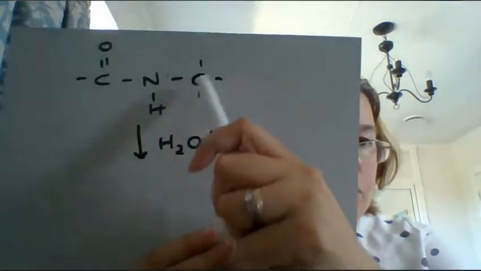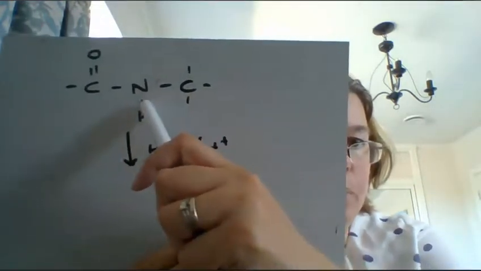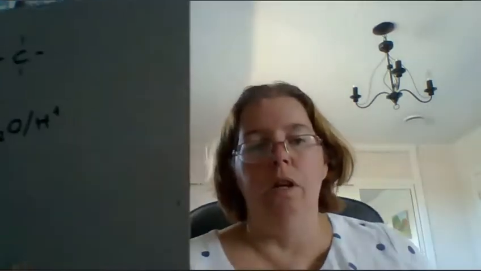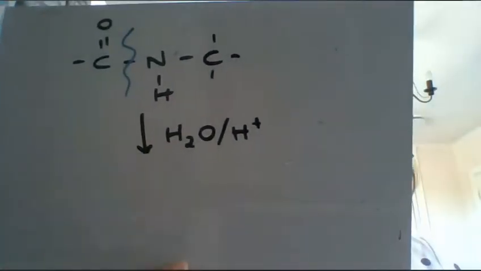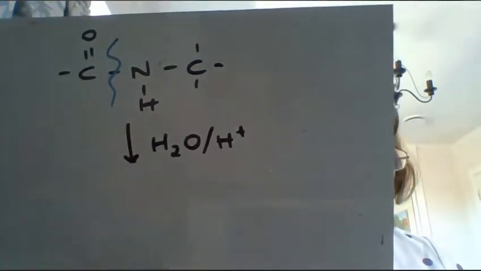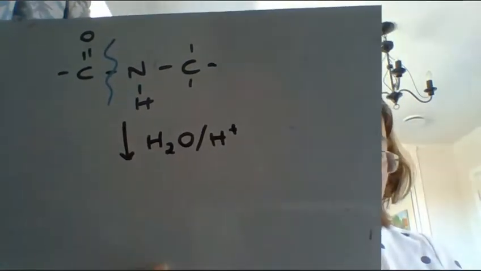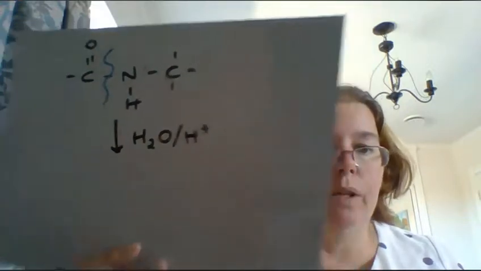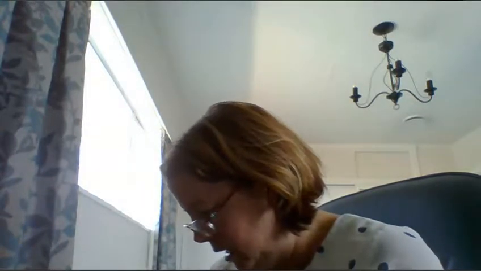Well, I'm going backwards, right here, between the C and the N. Now once you've split it, you add H onto the N and you add OH onto the carboxylate group.